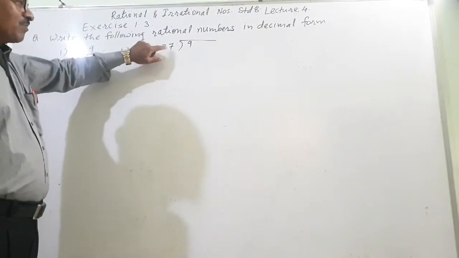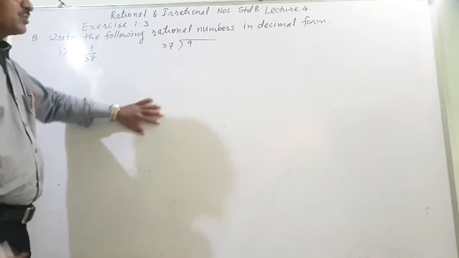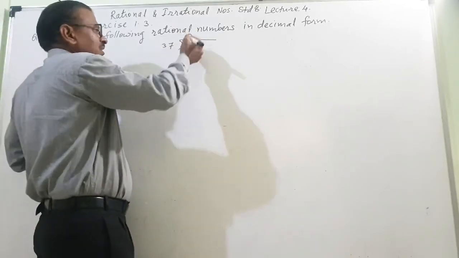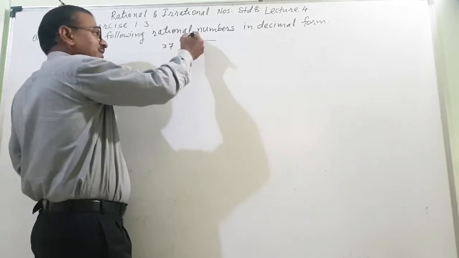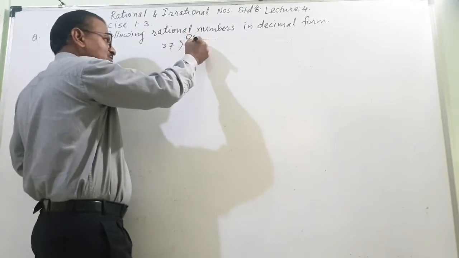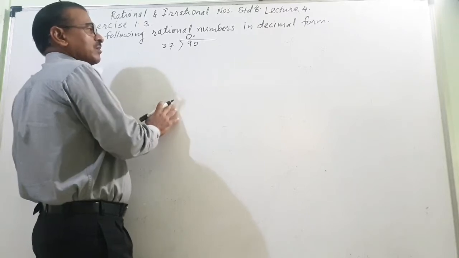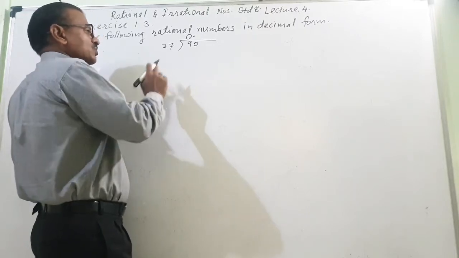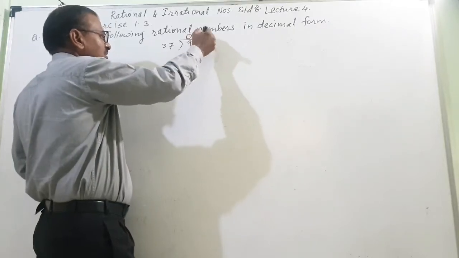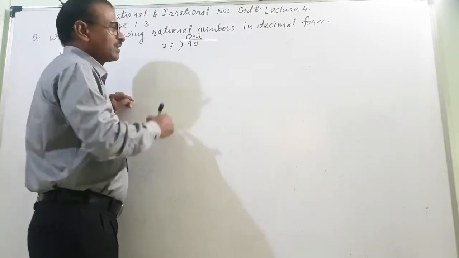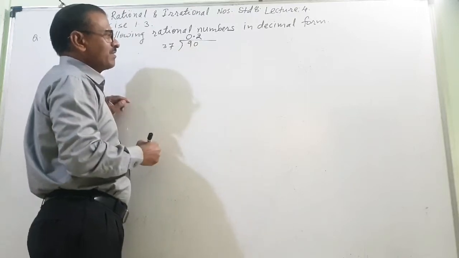Now in the table of 37, 9 is not there. So I will give a 0. The quotient is 0. Then give the decimal and put 1 0 on this. Have you understood this? So now 37 twos are 74. 37 into 2 is 74.